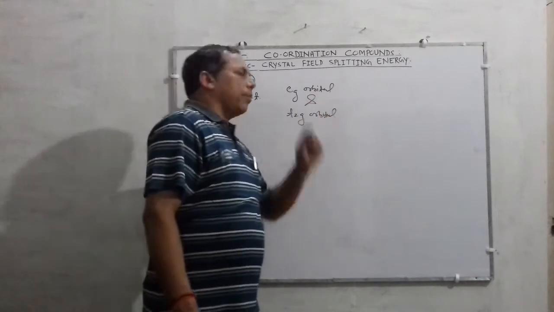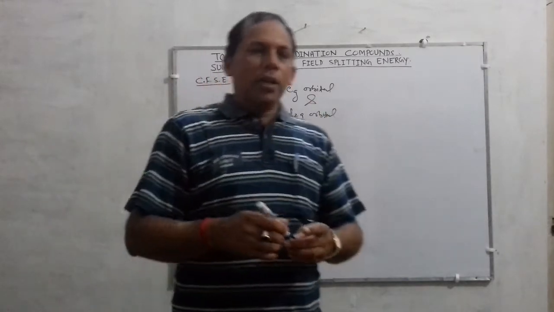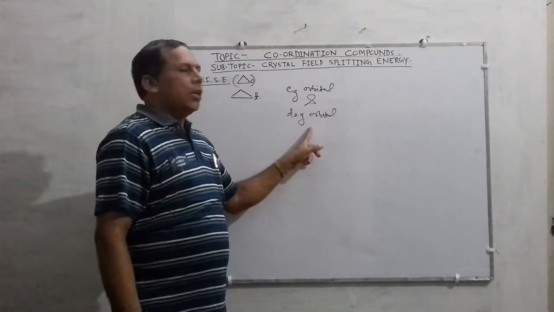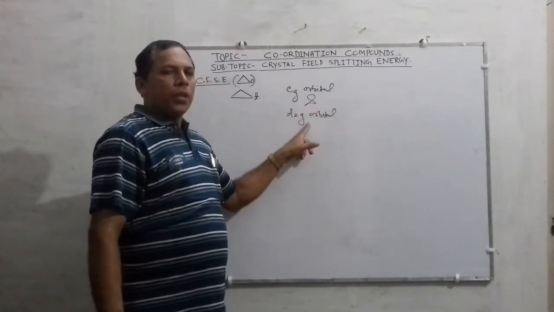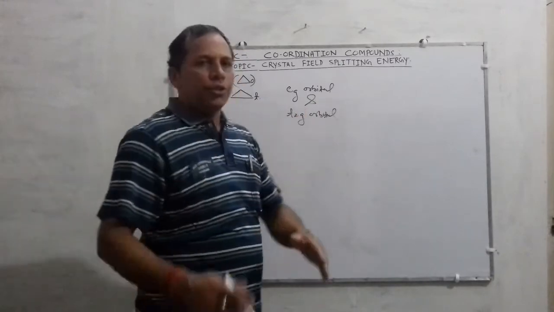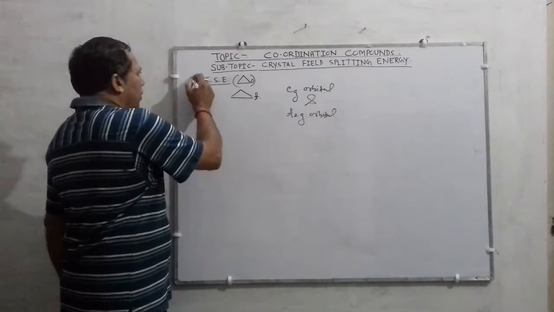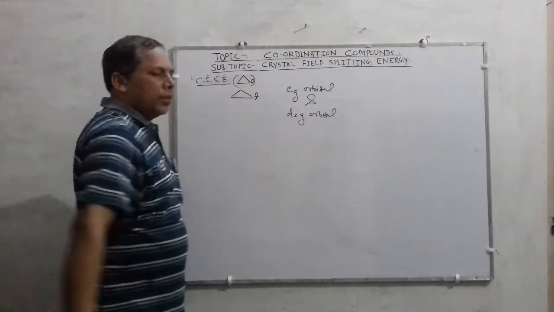The difference between the energies of these two sets of d orbitals is called crystal field splitting energy.